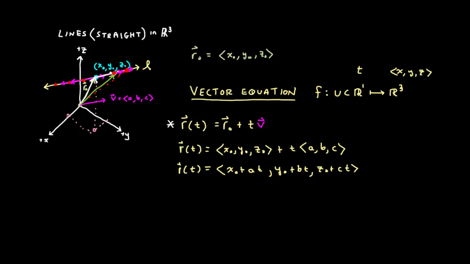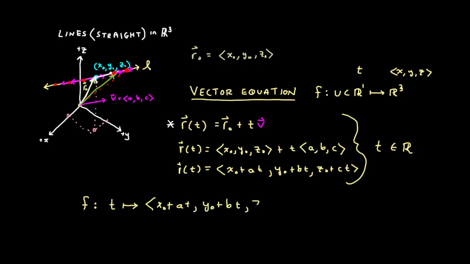And to ensure that this line goes on forever, we would have the domain t is an element of the reals. I'm going to write this one last time in the fancy function notation. So f is a function that maps t to the vector x naught plus at, comma, y naught plus bt, comma, z naught plus ct.